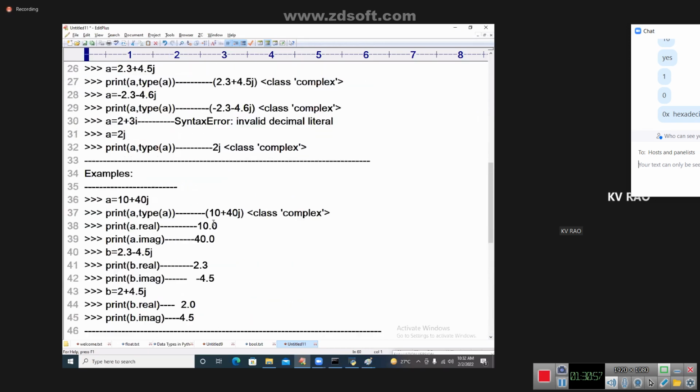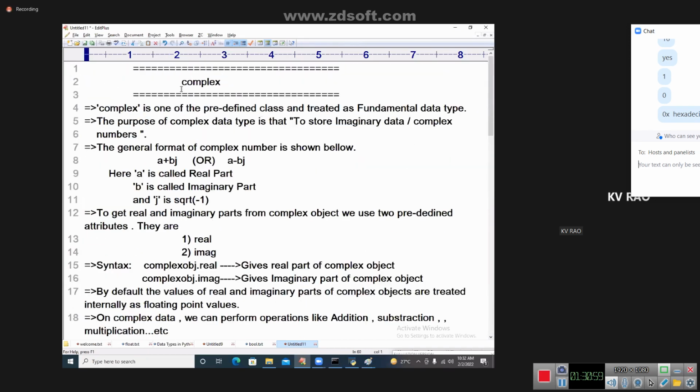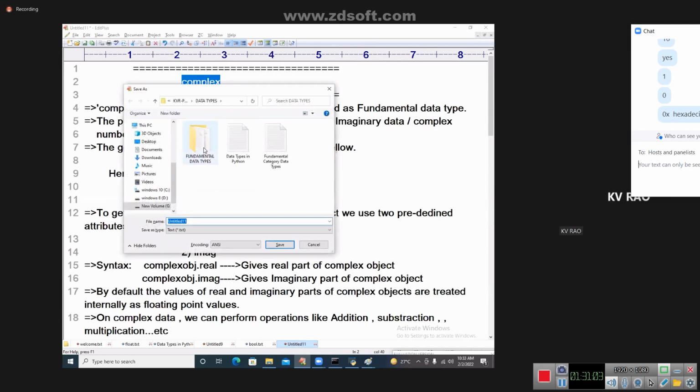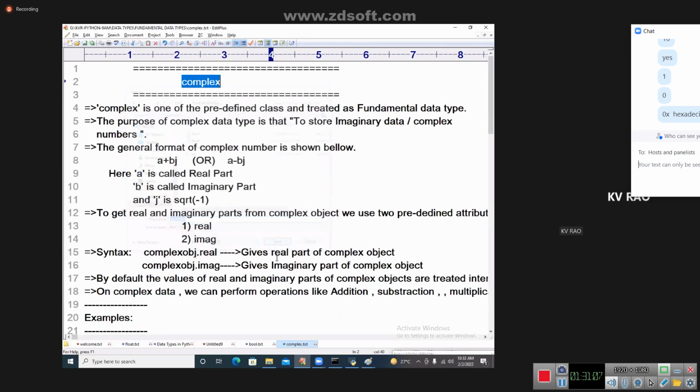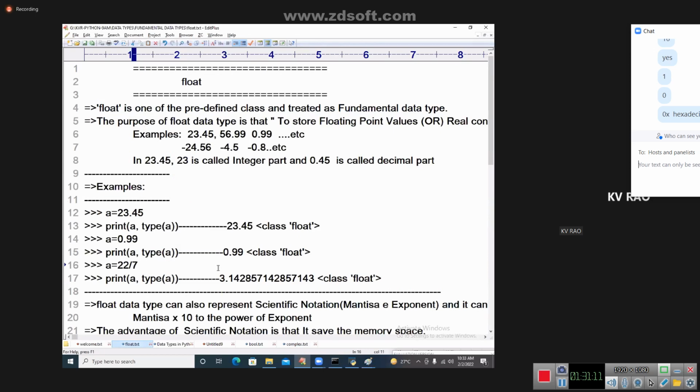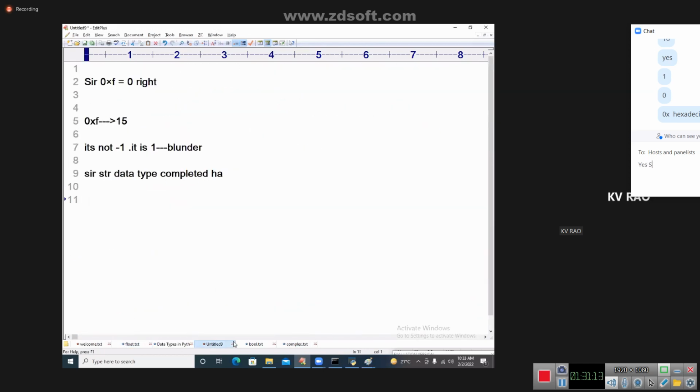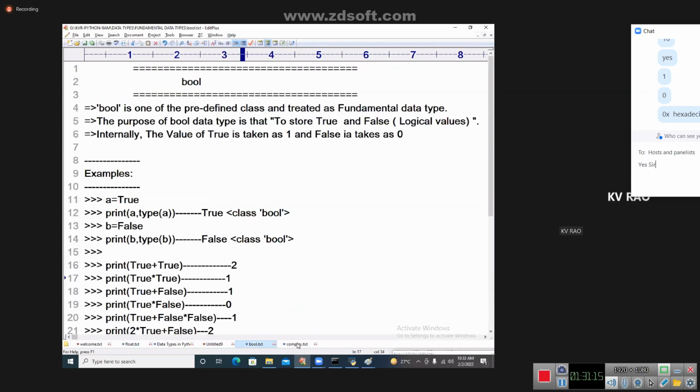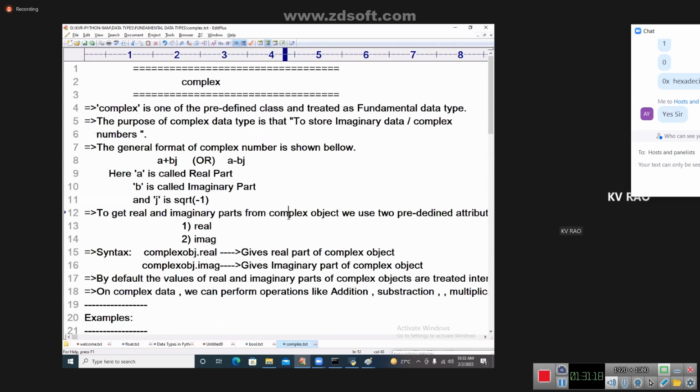Good. Coming to the point, this is called which data type? Complex data type. Dear students, is my concept clear? Today: float data type, then bool data type, and then complex data type. I'm asking a small question.